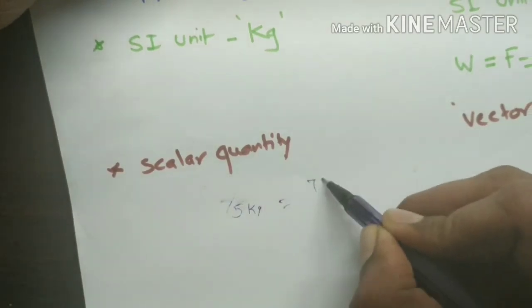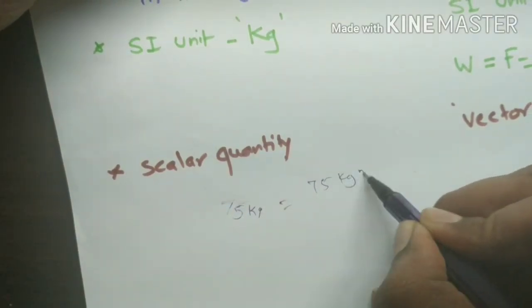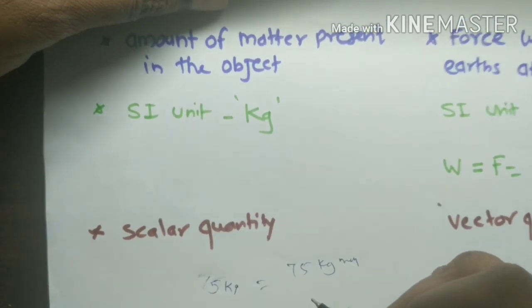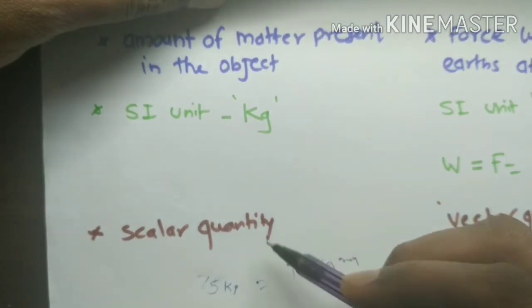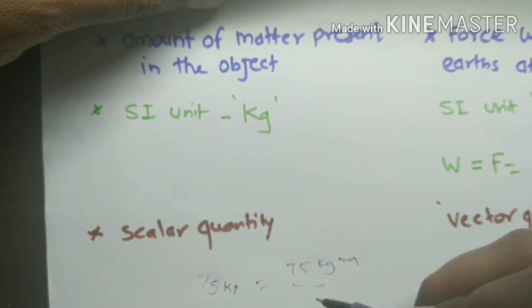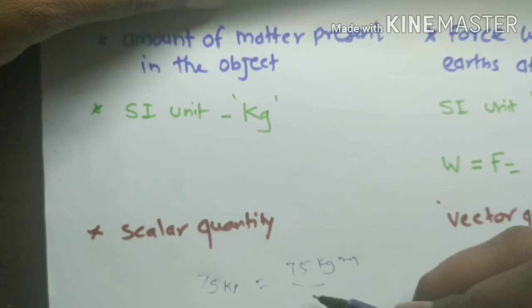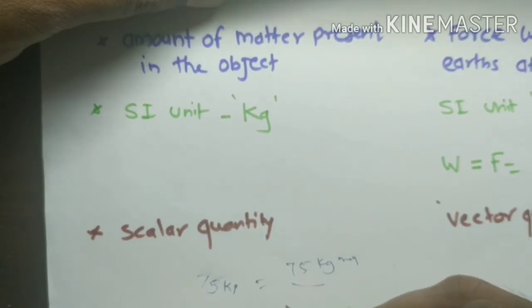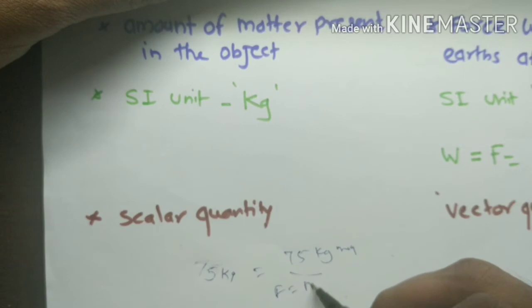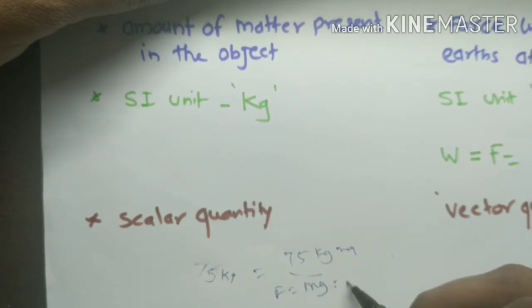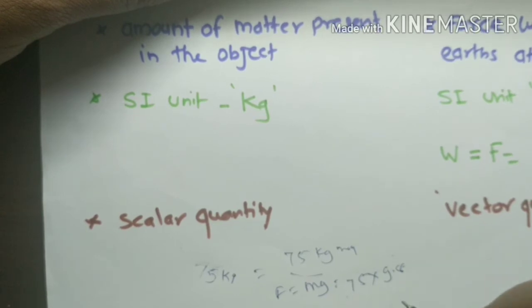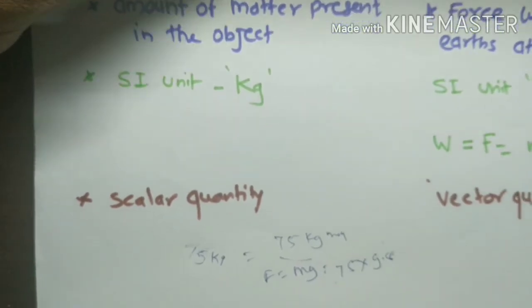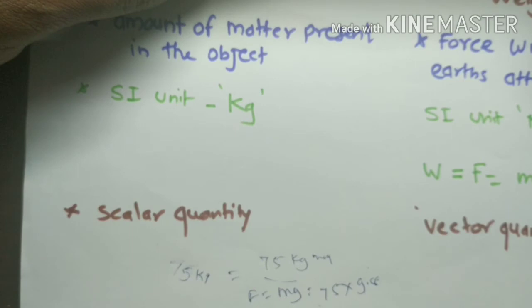Raju's mass is 75 kg. And the weight is F equal to mg, that is, mass into 9.8, the gravitational acceleration. So the weight of Raju is 735 Newton.